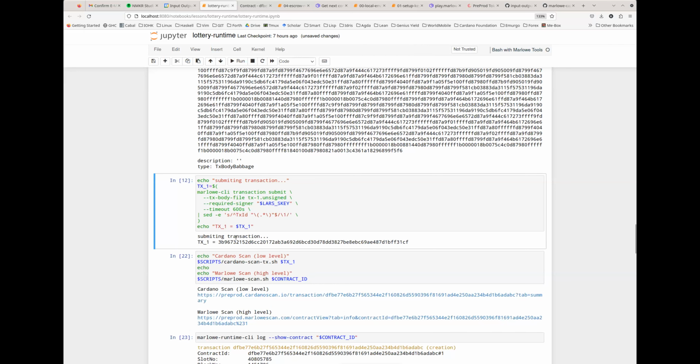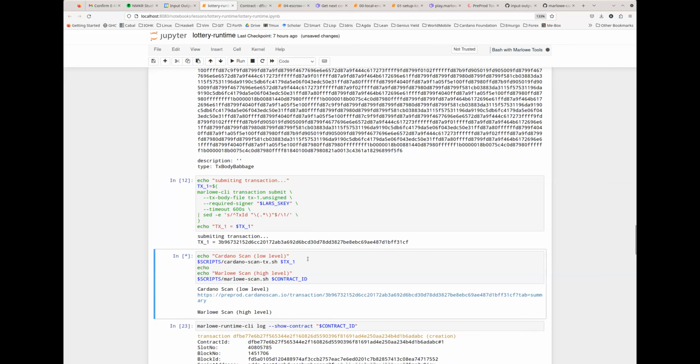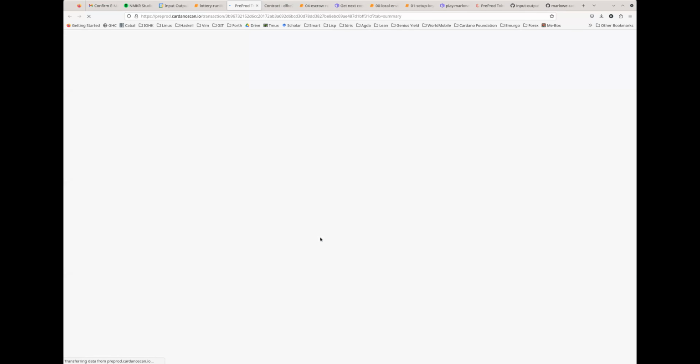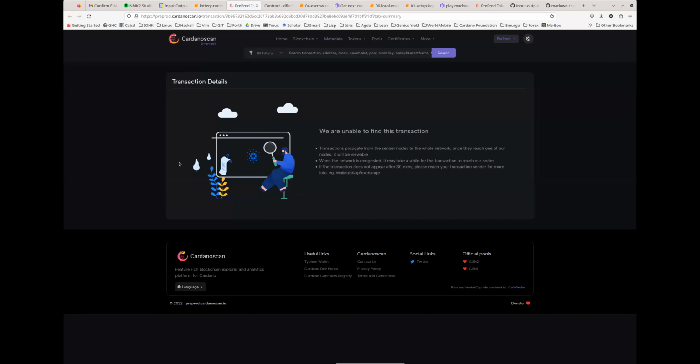Okay, so this is now the transaction ID. I could use that on the Explorer, and this is exactly what this command now does. It gives me two links. One is on the Cardano Explorer, Cardano Scan, that we used earlier when I sent some money to Karina. And right now it's not there yet.